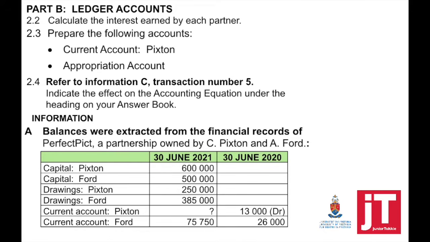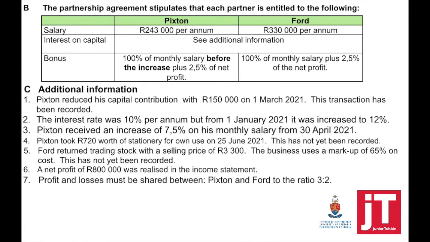They provided us with the end of last year's balances and the end of this year. If our accounting period ends 30 June 2021, it means it starts the 1st of July 2020. Before you start with the question, make sure that you go through all the information which is given to you.